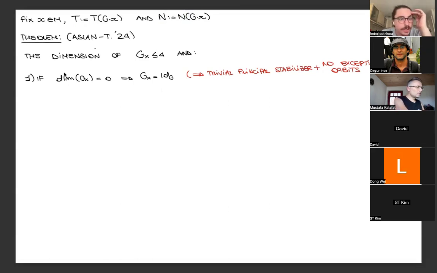Then what you can prove is that if the dimension of the stabilizer is 0, then it needs to be just the identity. So what this implies is that the principal stabilizer is trivial and there are no exceptional orbits.